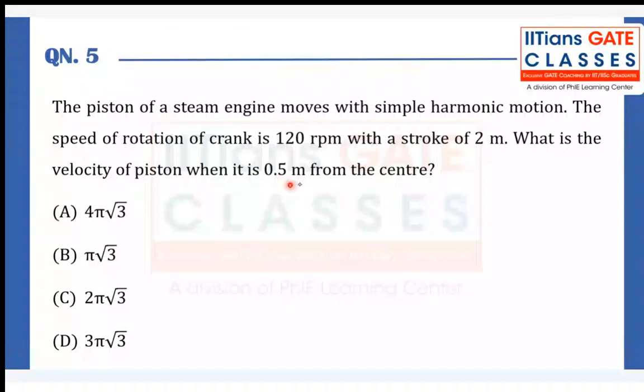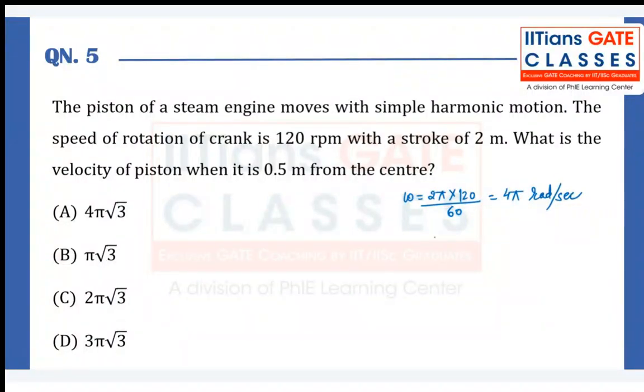What is the velocity of the piston when it is 0.5 meter from the center? So let's write down the given data. Omega is equal to 120 RPM, so it's 2 pi into 120 divided by 60. So it is 4 pi radian per second.